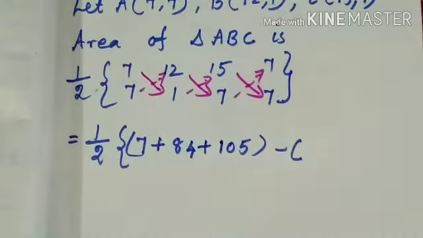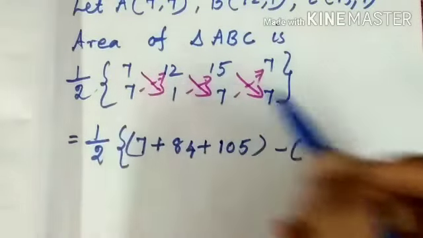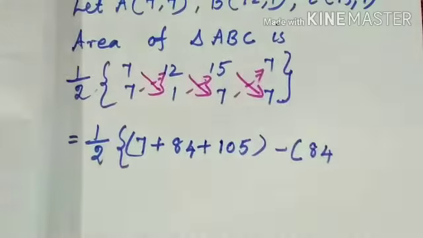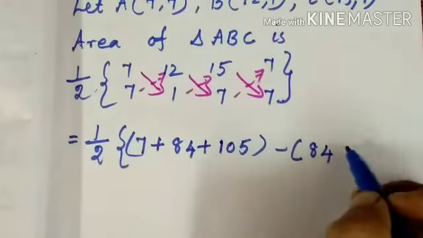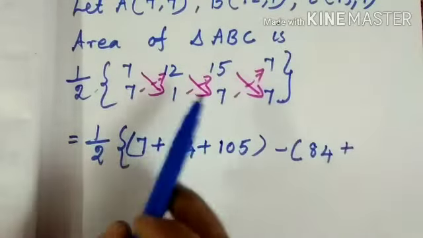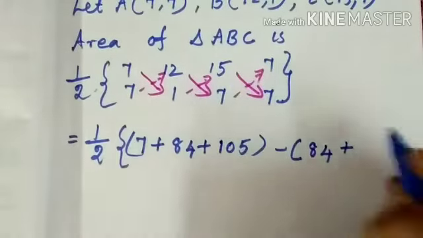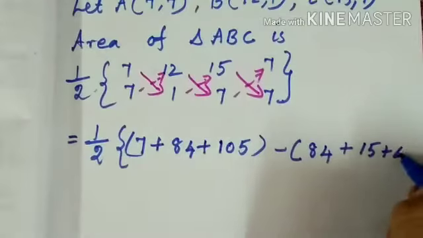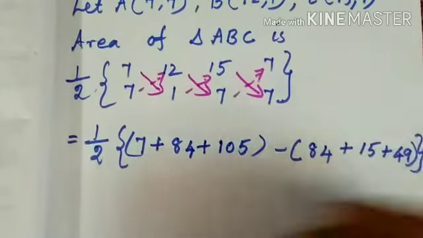Now we get 7 into 12, 84, plus 1 into 15, 15, plus 7 into 7, 49.